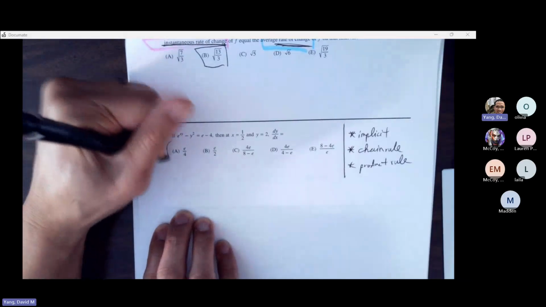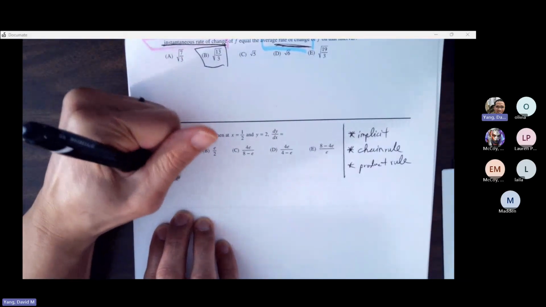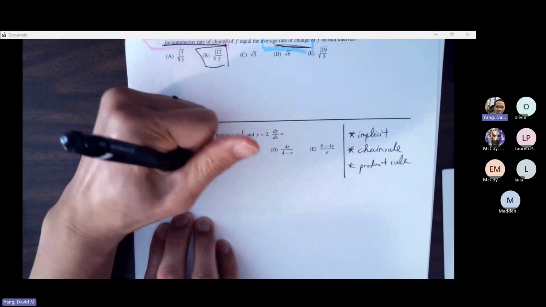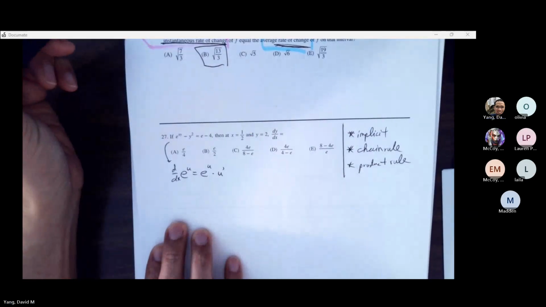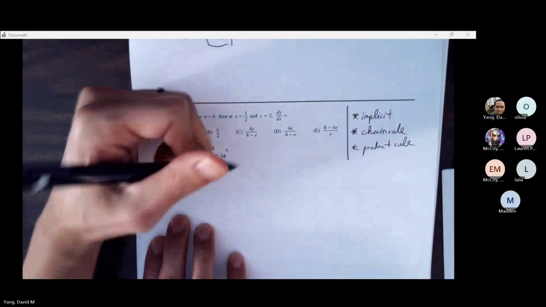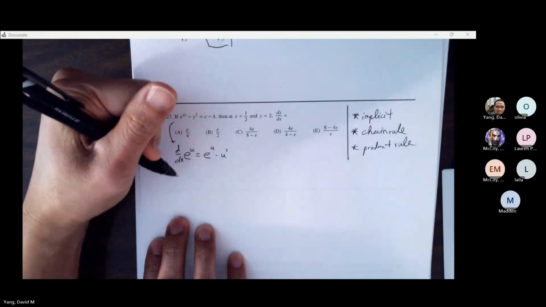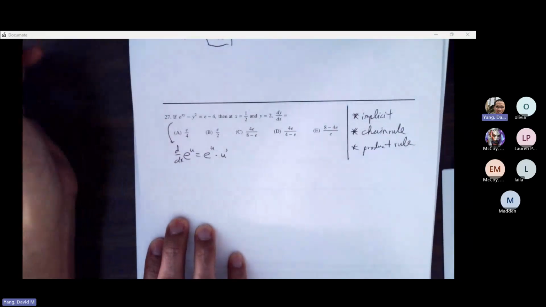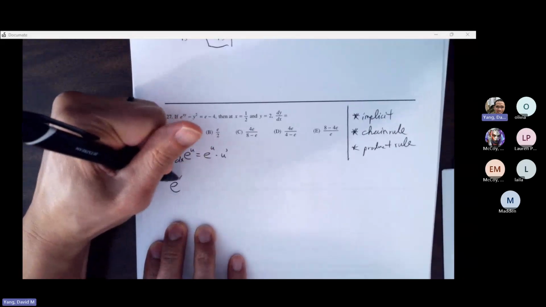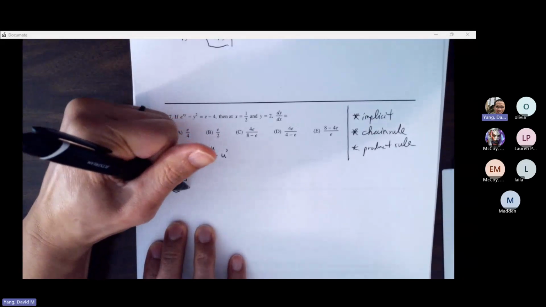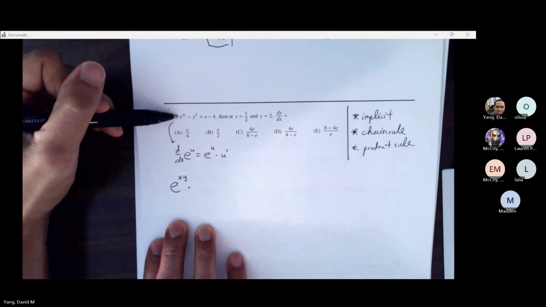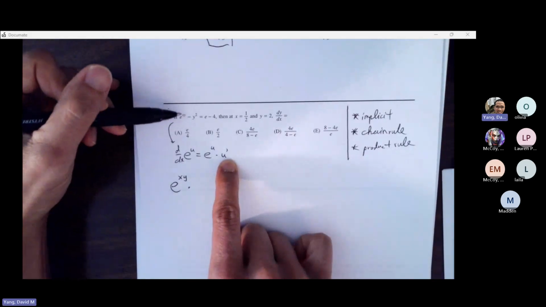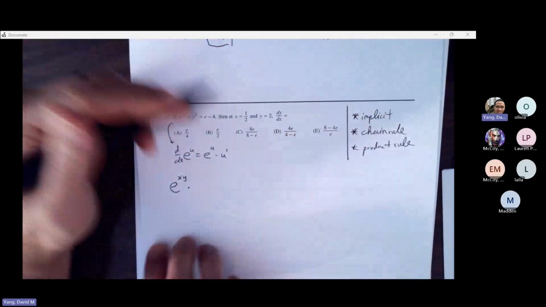So let me just remind us here, the derivative for e to the u is e to the u times u prime. So that means e to the xy will become e to the xy times u prime, and u prime is going to require us to evaluate the derivative of x and y connected to each other.